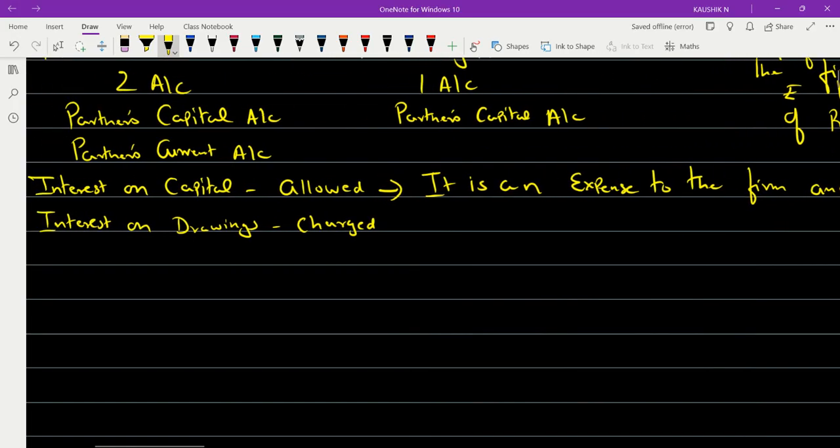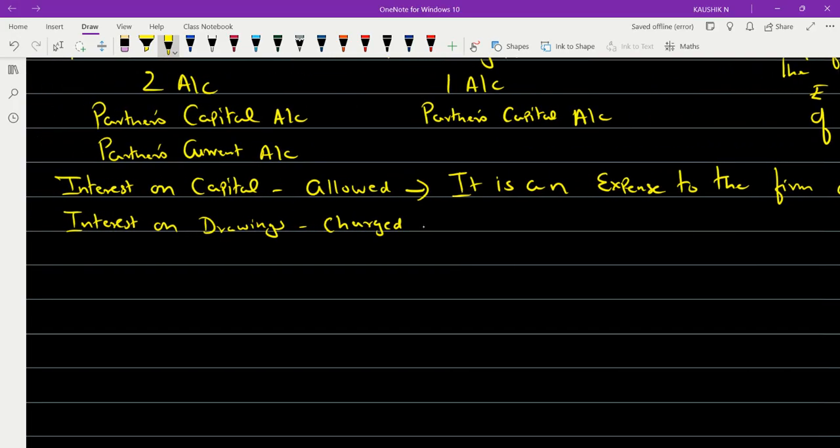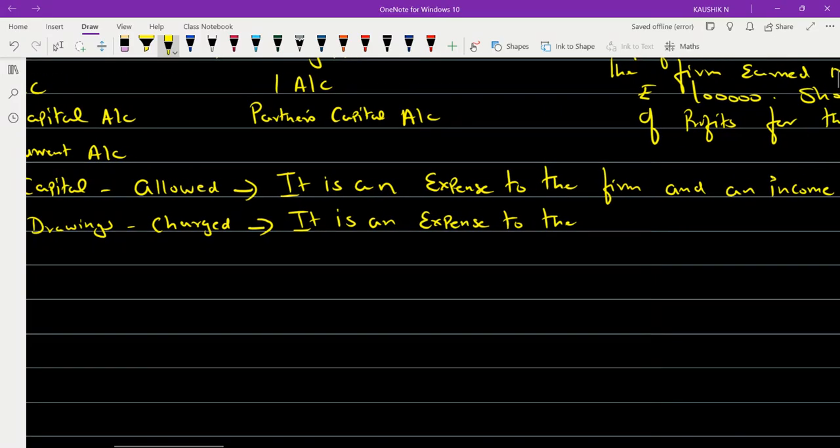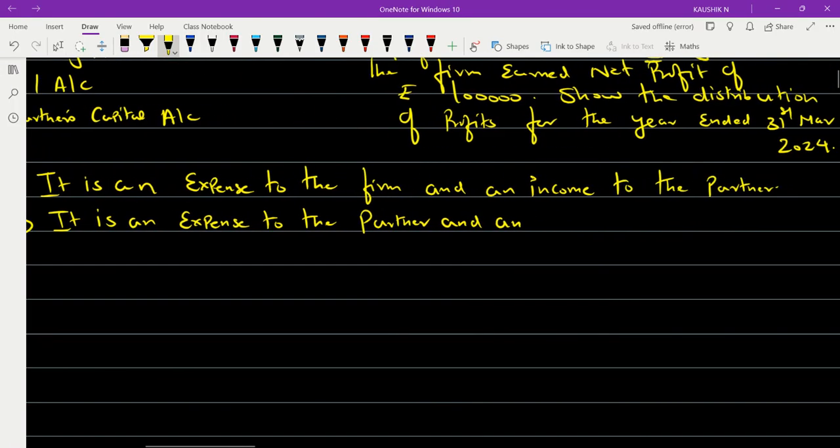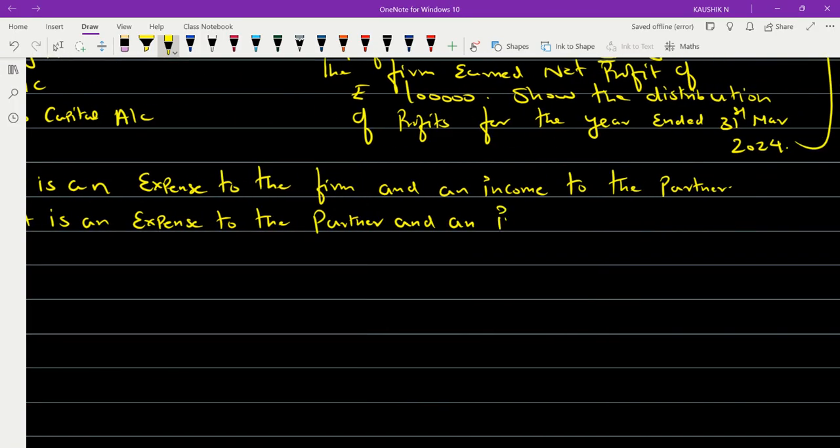On the other hand, interest on drawings is an expense to the partner, and it is an income to the firm.